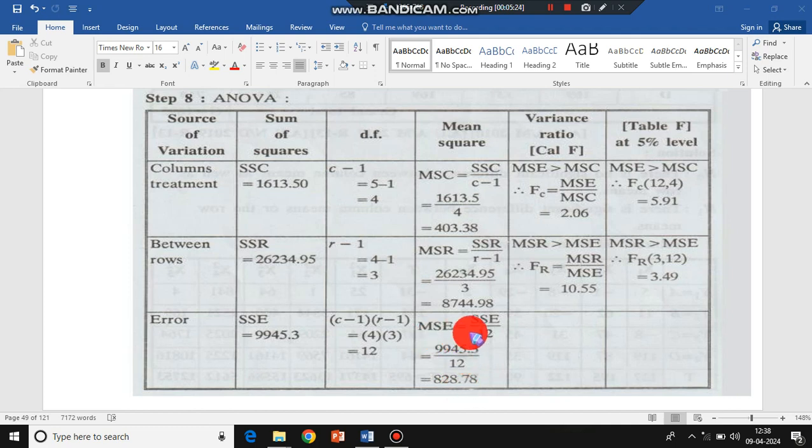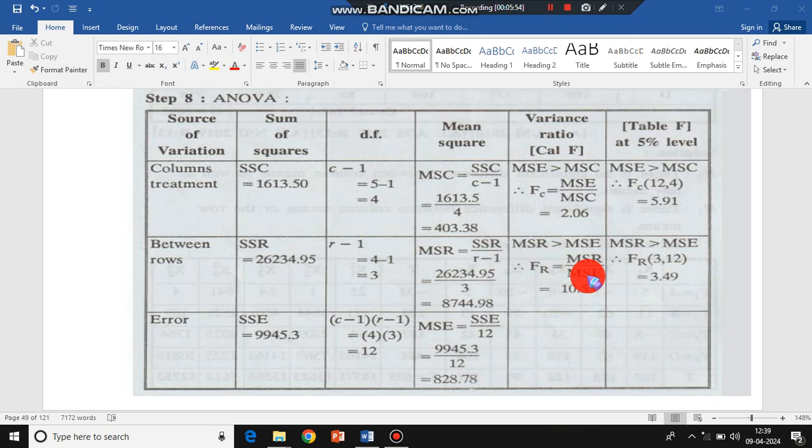Which is the greatest between these two, MSR or MSE? Definitely MSR is greater, because it comes in thousands and this comes in hundreds. So 8744.98 is the greater number that you write in the numerator, and 828.78 is the smaller number that you write in the denominator.